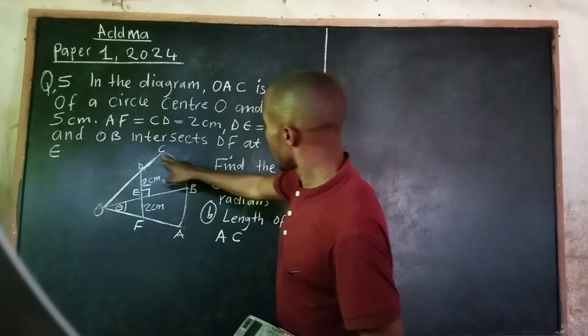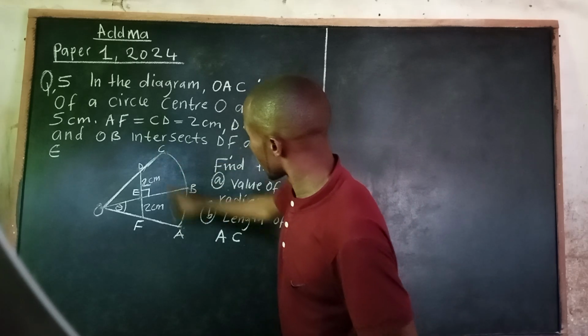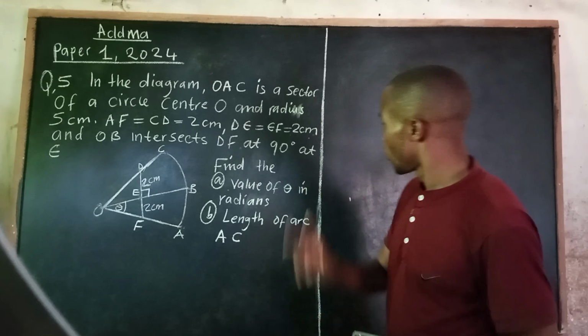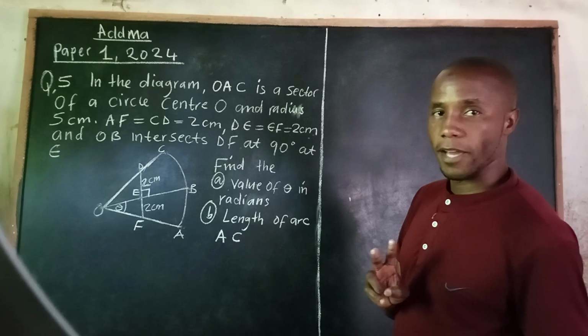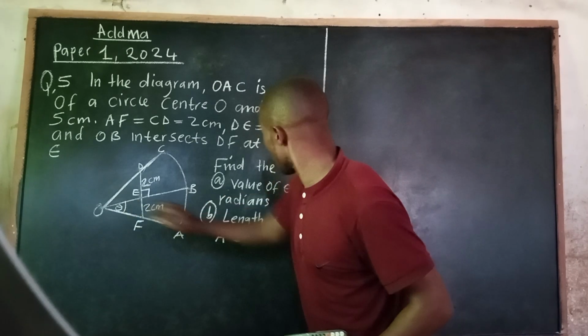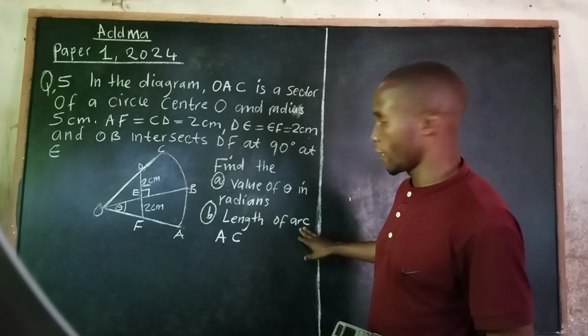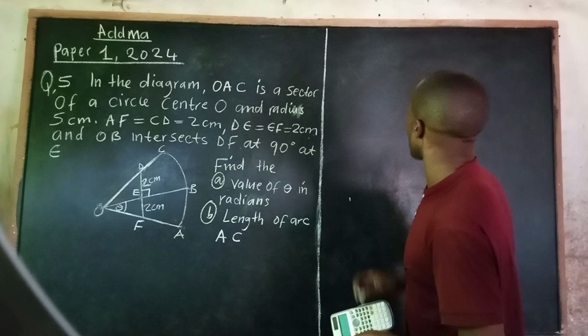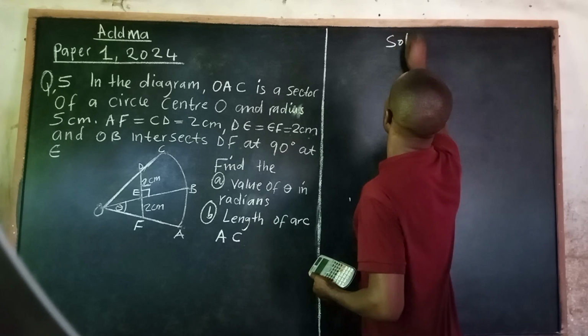So the arc is this one, AC. We are looking for two things here: the theta, which is this one, then the arc, which is AC. Let us see how we can answer this question.